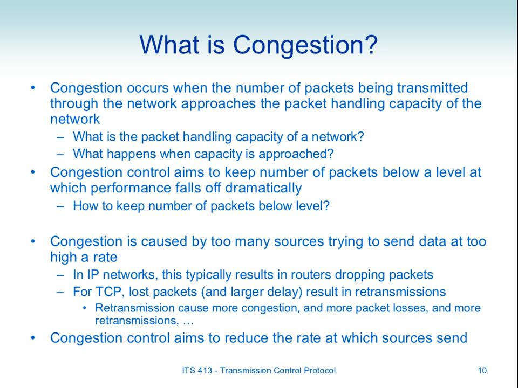We said congestion occurs when the packets being transmitted approach the capacity. Well, if we know the capacity, that's good, but in many cases it's hard to work out what it is. What happens when the capacity is approached? That is, we start sending in at a rate which approaches our capacity. What happens then? That's another thing that we need to understand.